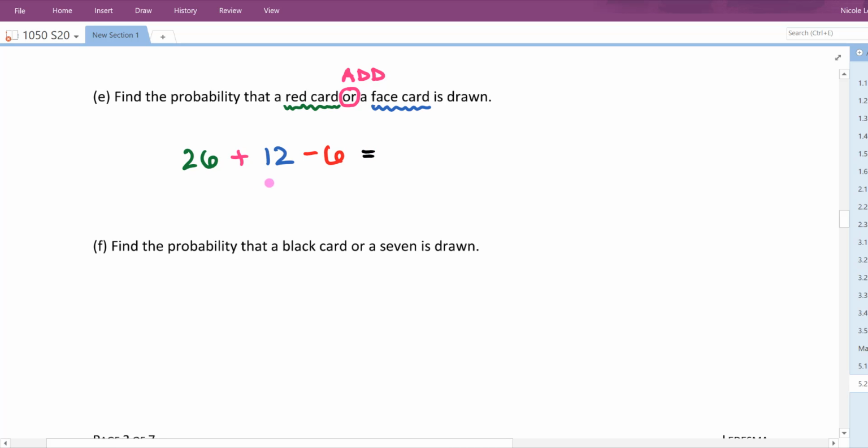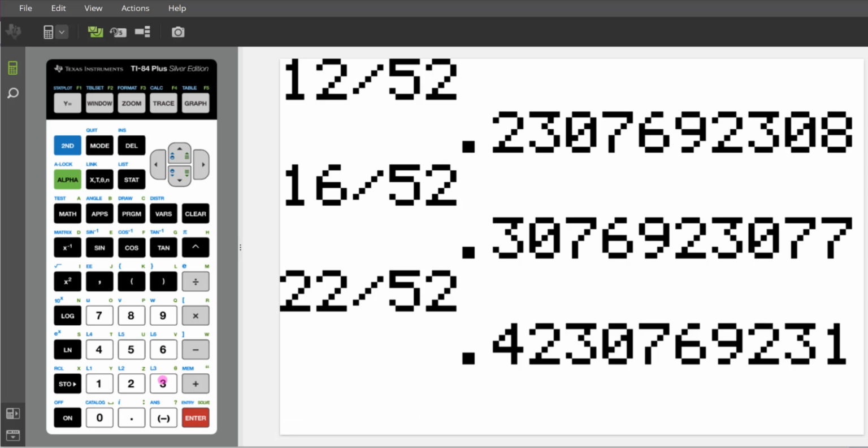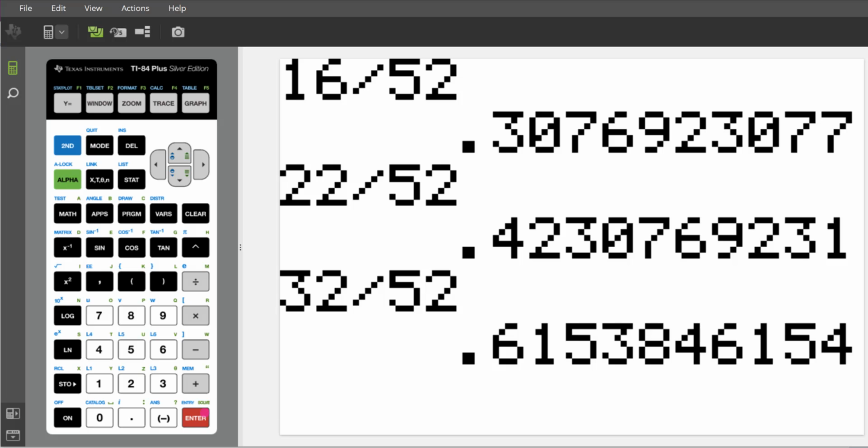Okay, so now adding and subtracting all of this, we would end up getting 32, which we divide by our total of 52. Okay, and then putting this into the calculator. Okay, and then rounding to the third decimal place, since the 3 comes after, this will just stay.